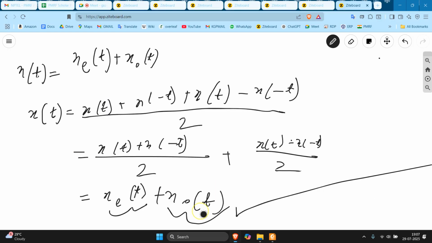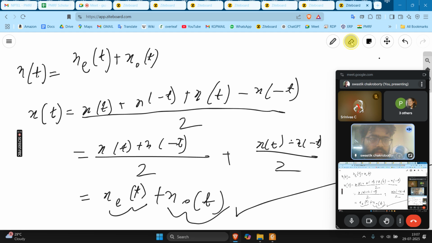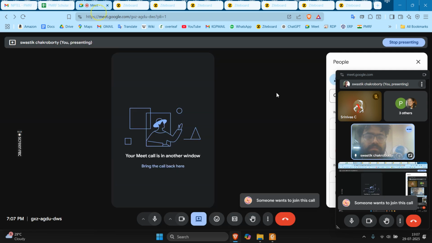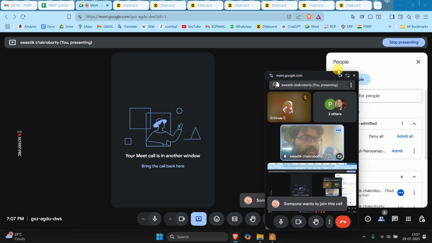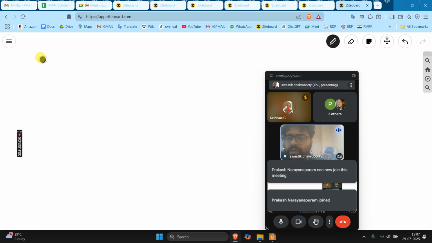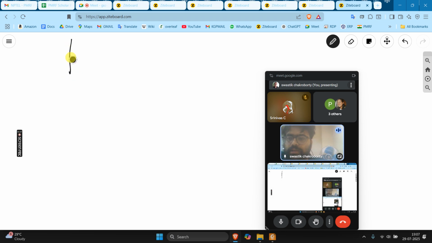So let's forget about this and take a very small example. We take one sinusoid which has a period of 2. So 2 pi t by T, so here T is 2.